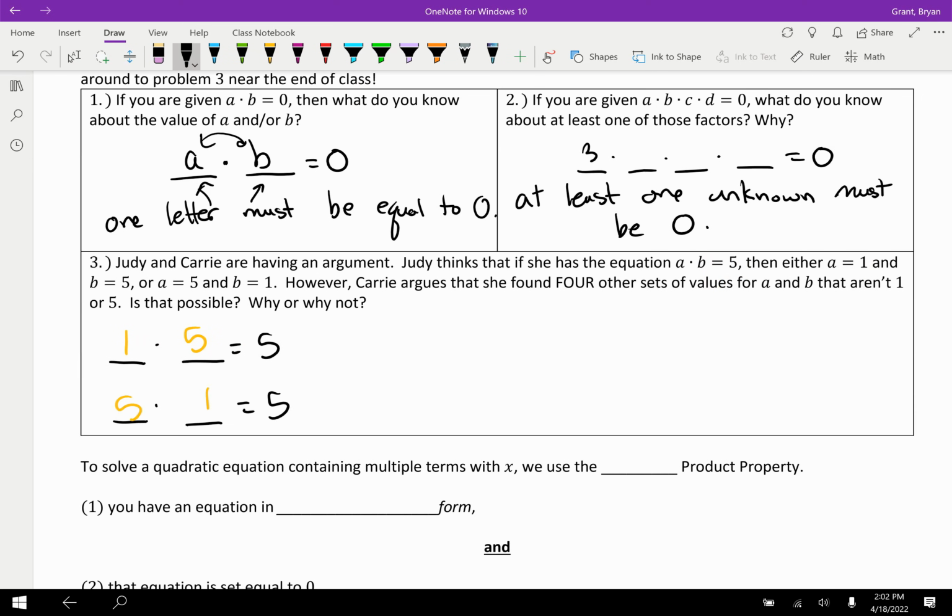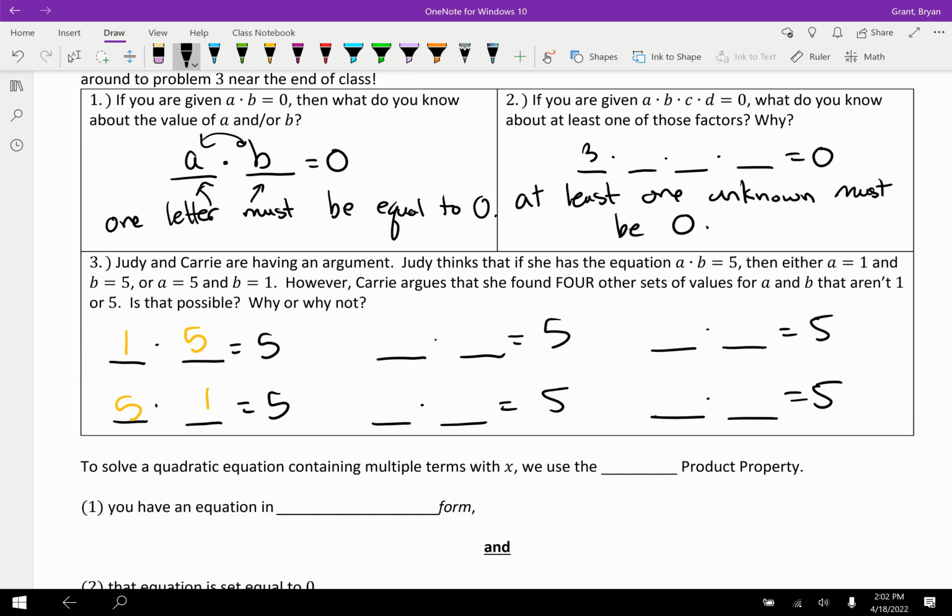However, Carrie argues that she actually found 4 other sets of values, and I'll write them out here for you. Here's 1, 2, 3, and 4. Carrie said she found 4 other combinations that also multiply to equal 5. Can you guys find those? Can you find more than those? Take a minute, pause the video, see what you can do. Ready, set, go.